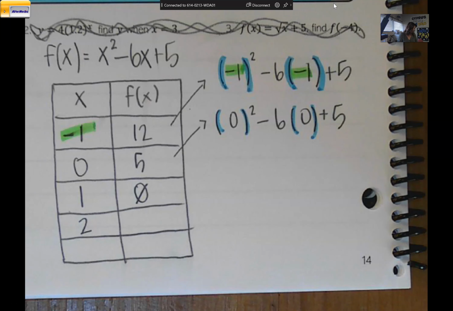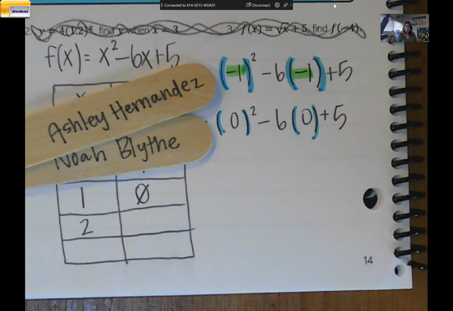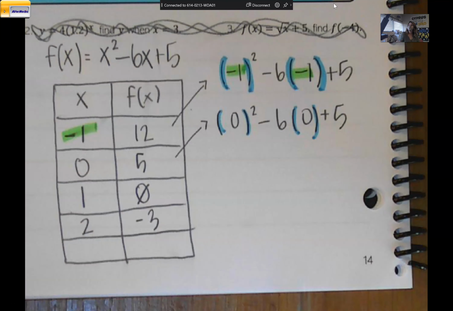Okay, roughly 10. About 5, 3. Okay, this time, that was Misty again. Noah, Ashley. Did I make you go twice? -3. Thank you for going twice.